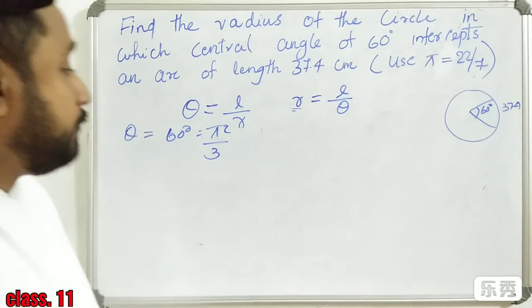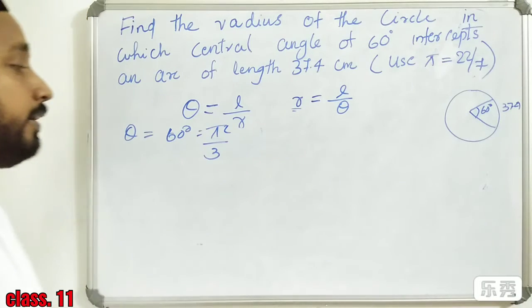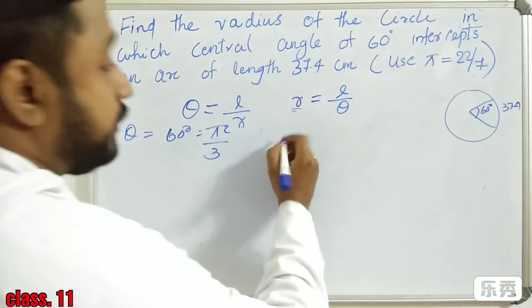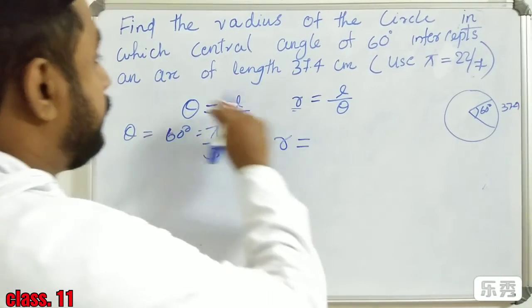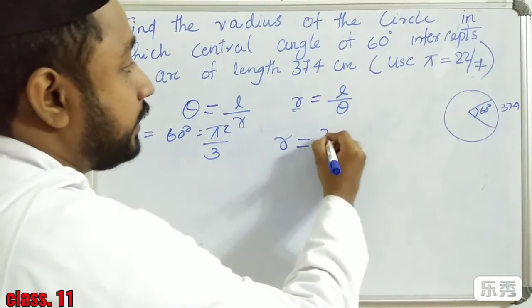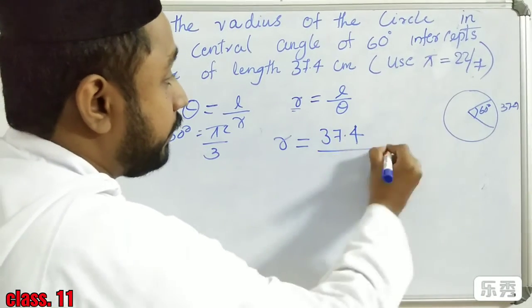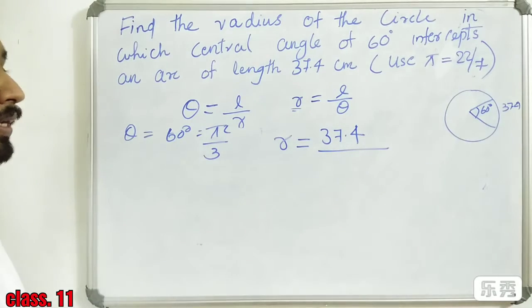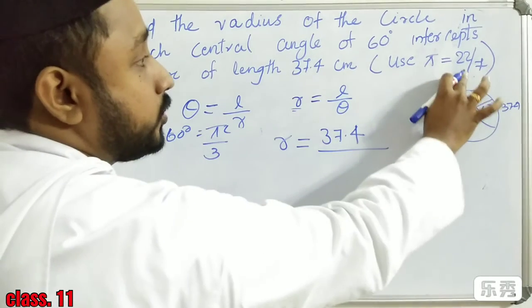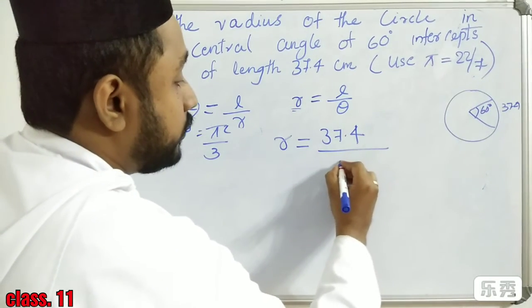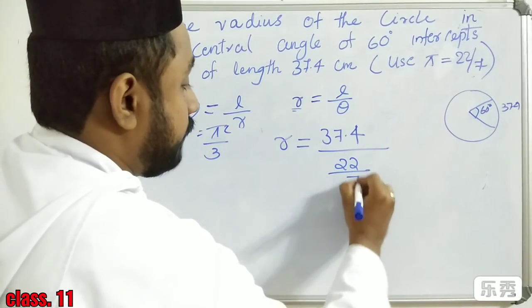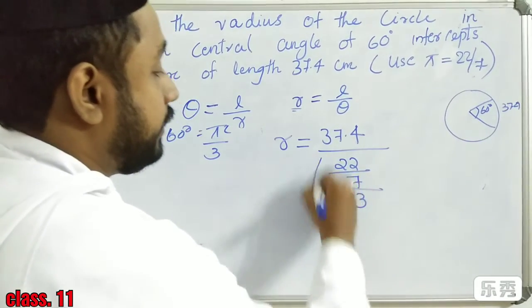R is equal to L, the length of the arc, that is 37.4, divided by theta, which is pi by 3 radian, where pi is 22 by 7. So 22 by 7 by 3.